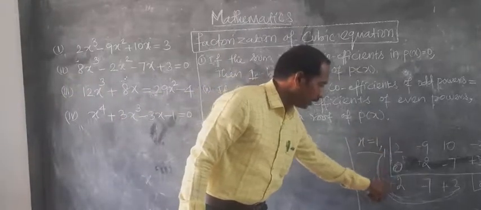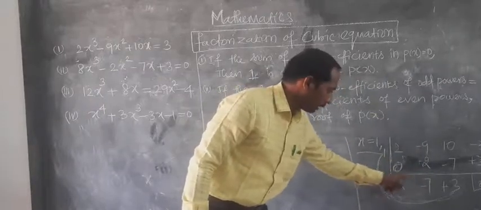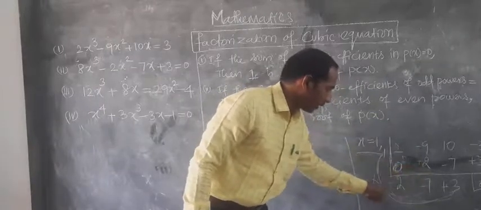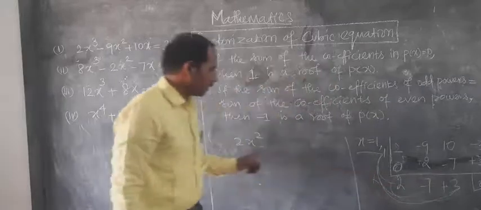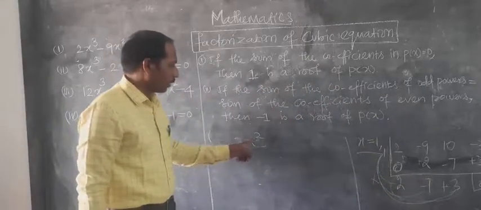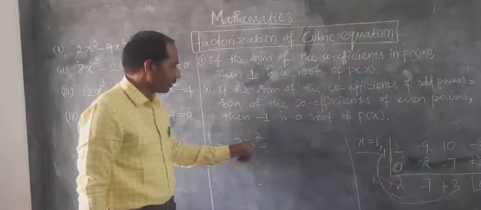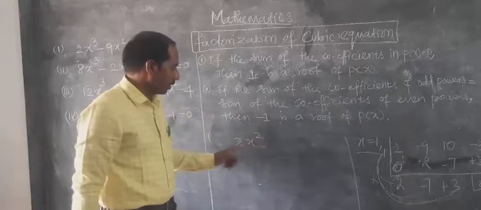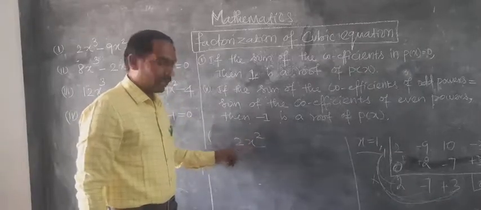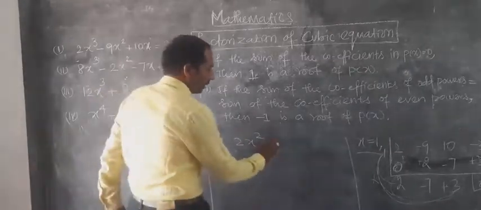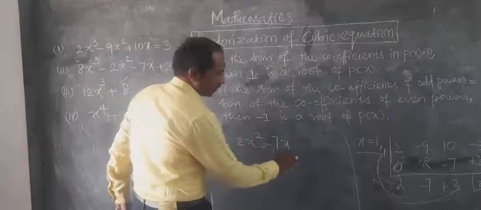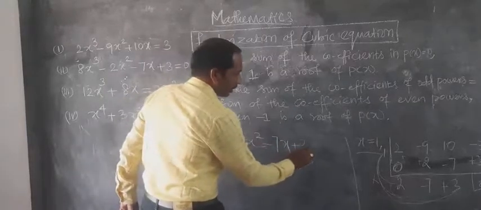Then here we got the second-order quadratic equation. The quadratic equation we want to start with 2x square. This is very important, not 3. This is 2 because we reduced. So 2x square minus 7x plus 3 equal to 0.